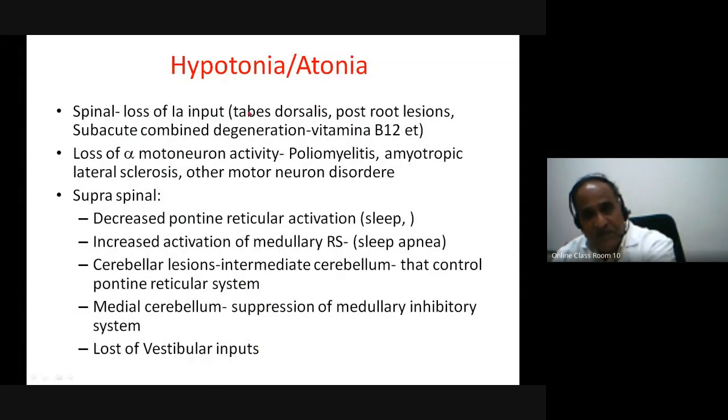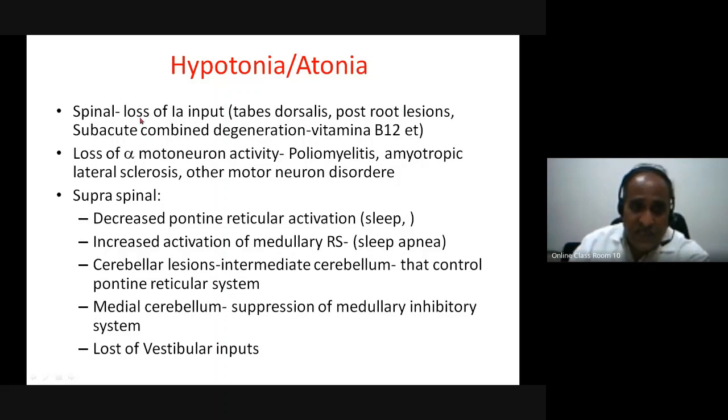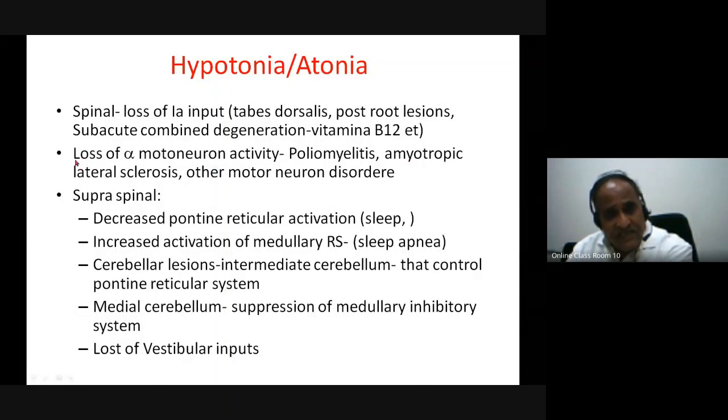This may happen in case of tertiary syphilis, tabes dorsalis, or posterior root lesions, or because of vitamin B12 deficiency, as happens in subacute combined degeneration. So I have mentioned 3 conditions in which there is hypotonia. Then there is a loss of alpha motor neuron activity, as happens in poliomyelitis.